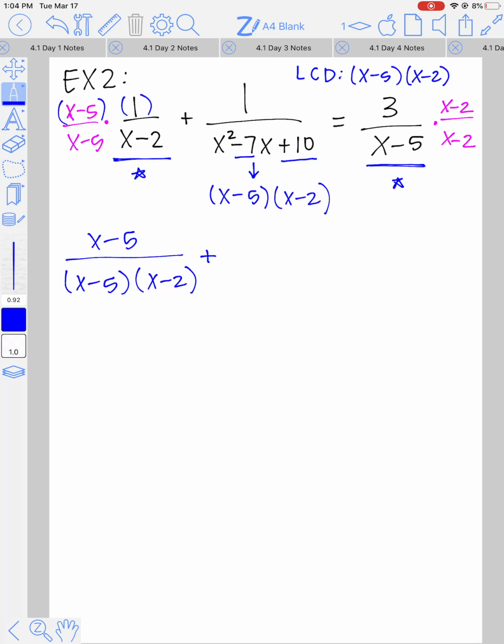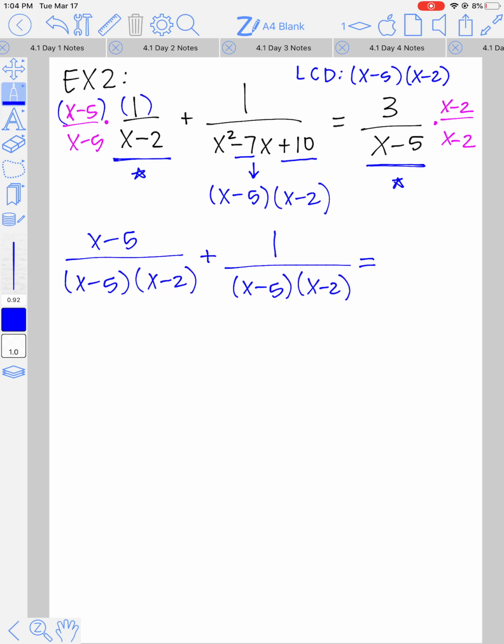Then we're going to leave that middle thing alone because it already has the least common denominator. So we're just going to write it as 1 over x minus 5 times x minus 2. And I want to leave the denominator in factored form with that one as well, just to keep it uniform.